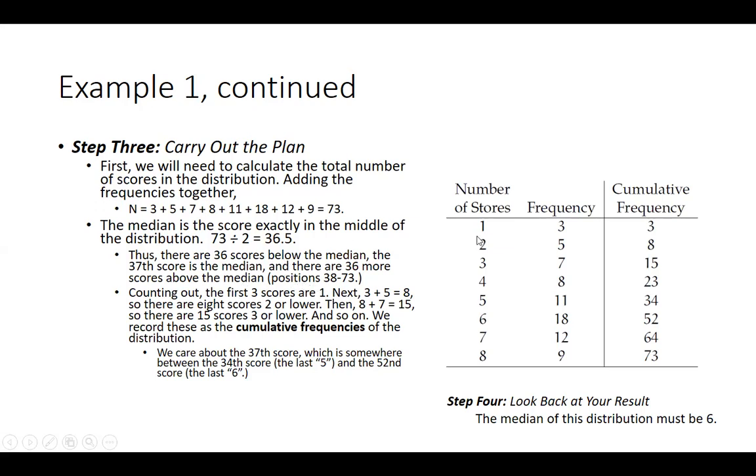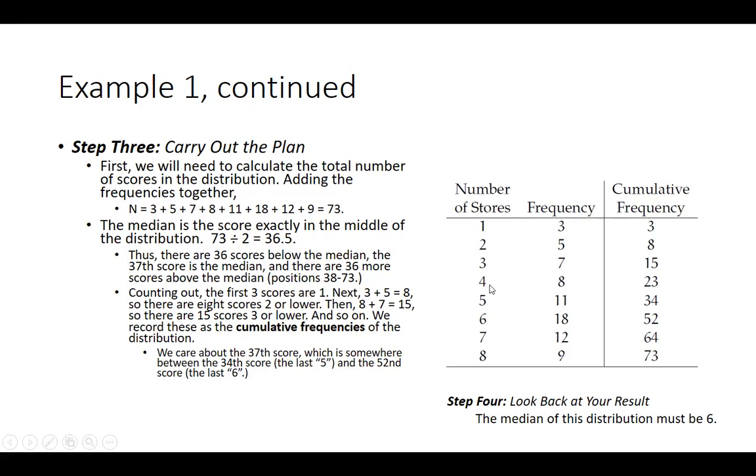Counting out, the first three scores are 1. Then 3 plus 5 is 8, so there are 8 scores, 2 or lower. Then 8 plus 7 is 15, so there are 15 scores, 3 or lower. We record these as the cumulative frequencies of the distribution.